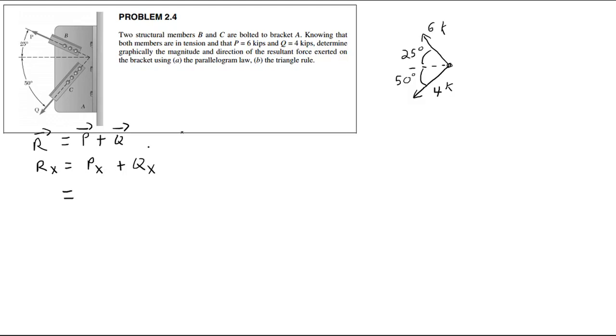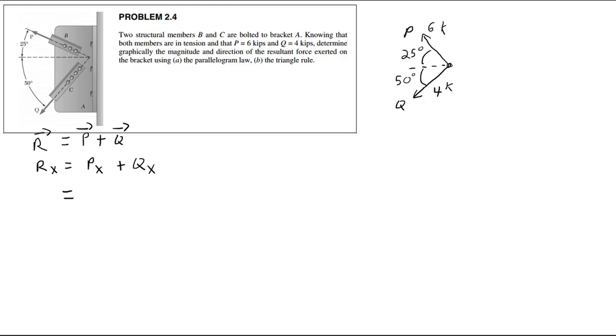So here, let me just remind myself that this is P and this is Q. In this case, both P and Q are going to have negative x components because they're clearly both pointing in the negative x direction. Although, truth be told, that's completely arbitrary.